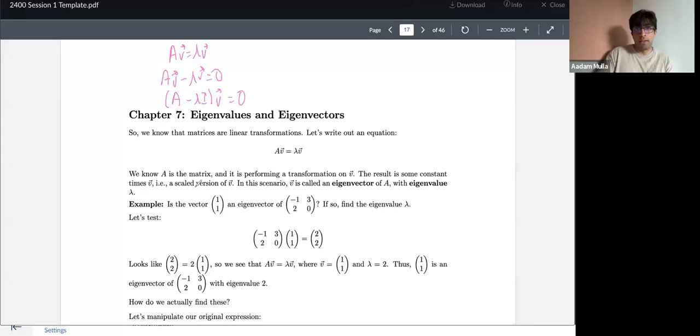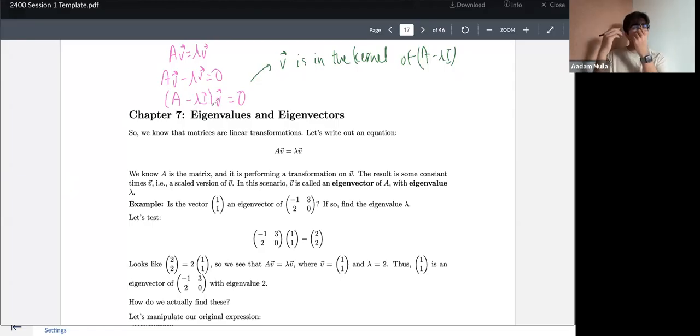Okay. Does this ring a bell? This expression is the equivalent of saying V is in the kernel of what matrix? Not A, but A minus lambda I. We're saying A minus lambda I times V equals 0. So V is in the kernel of A minus lambda I, and that means A minus lambda I has a kernel.